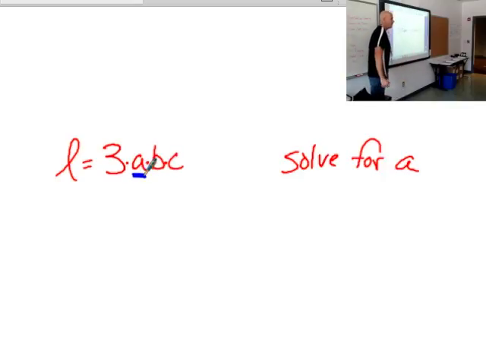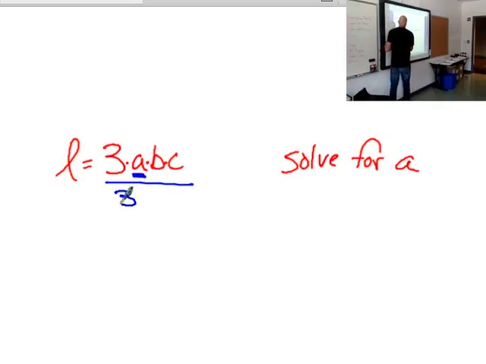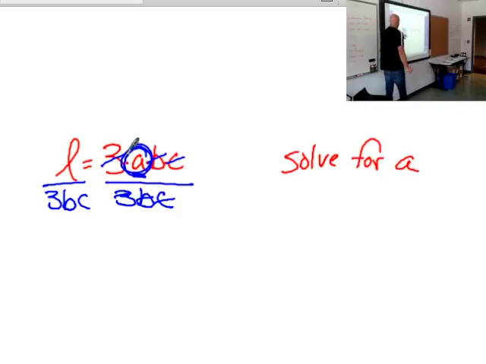Now, we're multiplying all these, right? So we're going to divide by what? 3, B, and C. So our 3's cancel, our B's cancel, our C's cancel. We're left with the variable that we are solving for.